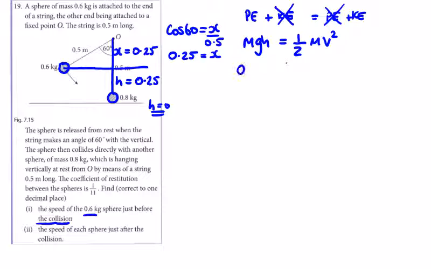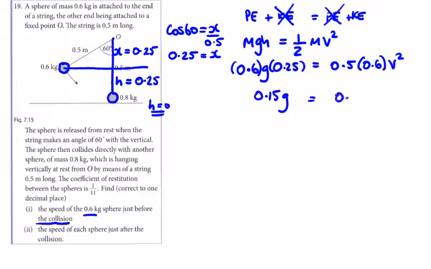So we have the mass 0.6 times g times h, 0.25. That's a quarter of 0.6, which is 0.15g. That has to be equal to 0.5 times m, 0.6, and a half of 0.6 is 0.3, times v squared, so 0.3v squared.